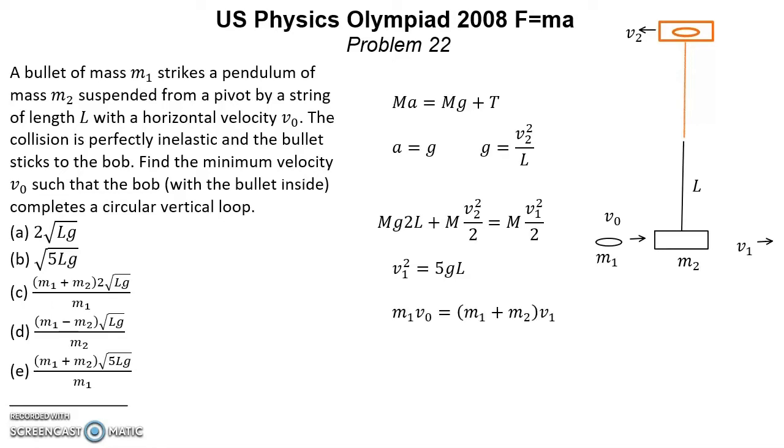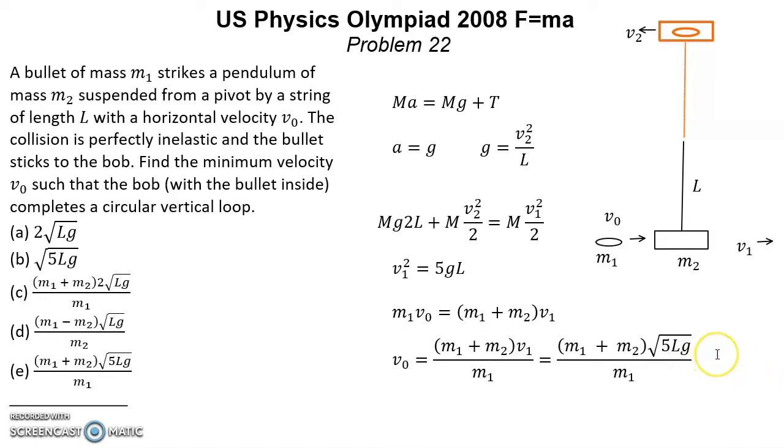From here, using this expression for v1, we can finally find that v0 must be equal to this expression. So this is the correct answer. v0 equals (m1 plus m2) multiplied by the root of 5gL, and everything divided by m1, which is E, the correct answer.